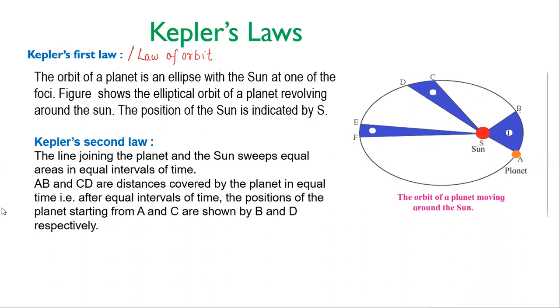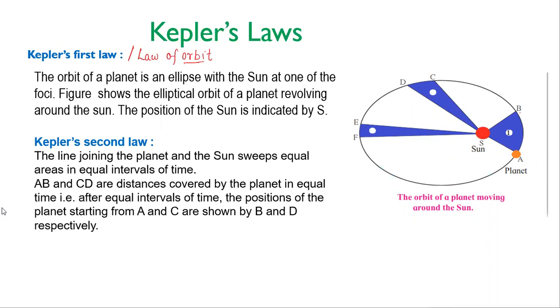We know that 2 focal points are there in an ellipse. The sun will be at any one of the foci and the planet is revolving around the sun in an elliptical orbit. The position of the sun is indicated by S. So this is known as the law of orbit, meaning the orbit of the planet is an ellipse with the sun at one of the foci. Is that clear?